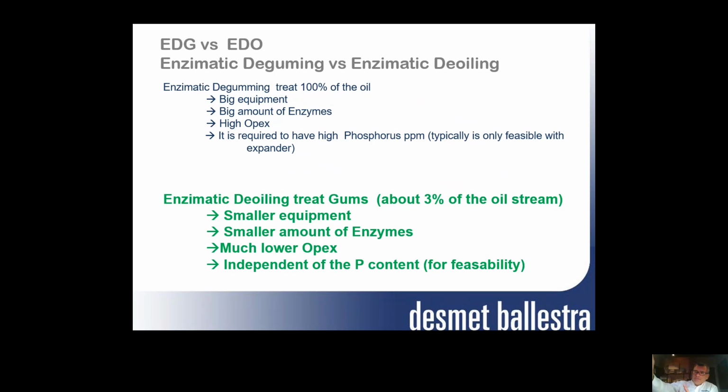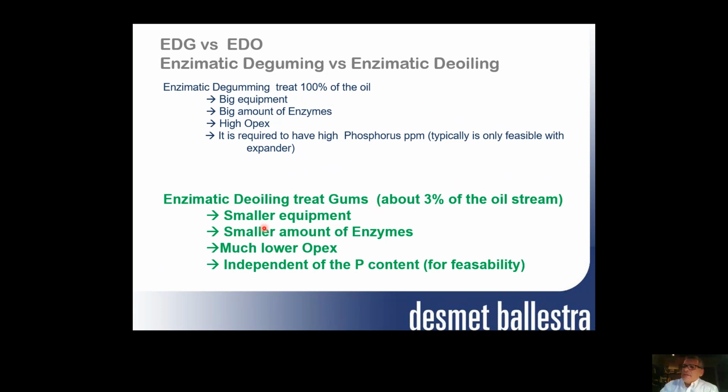What we said before, the enzymatic degumming is completely different than the enzymatic deoiling, which treats only gums. We have in that case the treatment of only 3% of the oil stream, 3% instead of 100% of the oil.